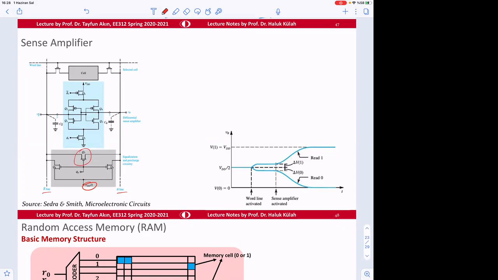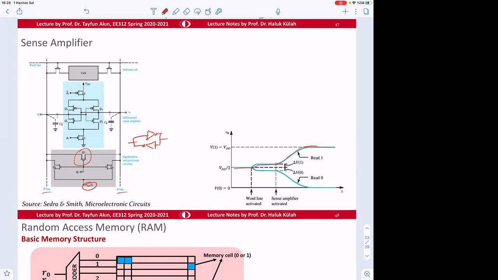So it balances out. So, you know, 2 back-to-back inverters, balanced out voltage, and then the sense amplifier notices if it goes slightly up, and then it helps you to go to VDD, that line.